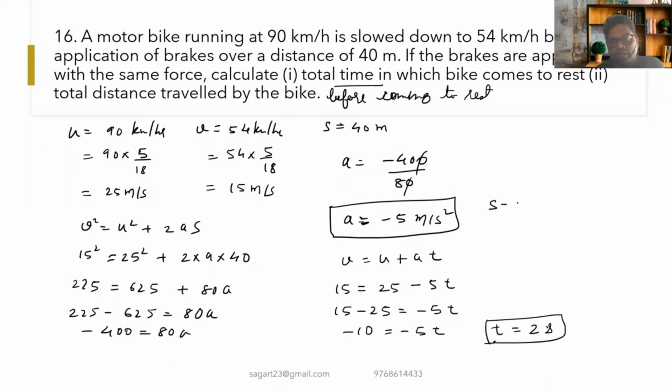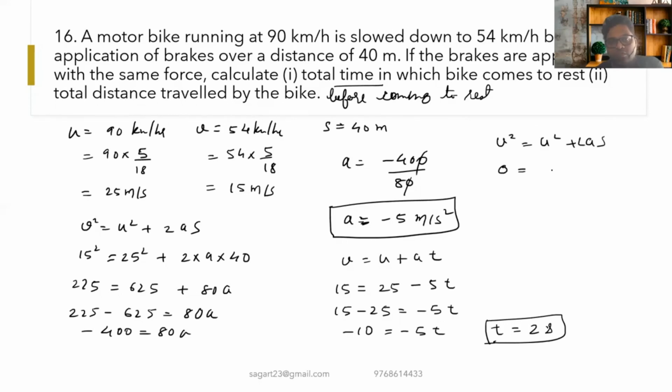So if we have s is equal to ut plus half at square... okay, we don't know the time for it to come to rest. So we take v squared is equal to u squared plus 2as.